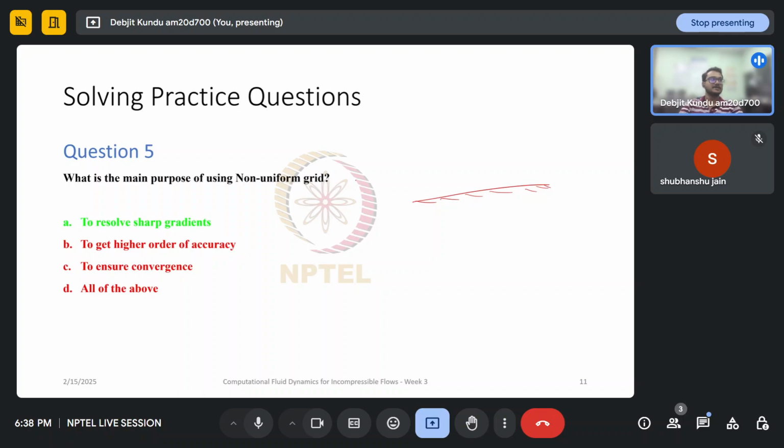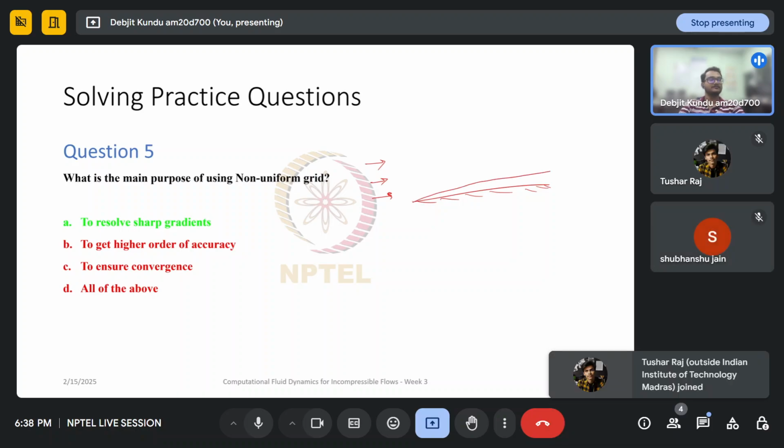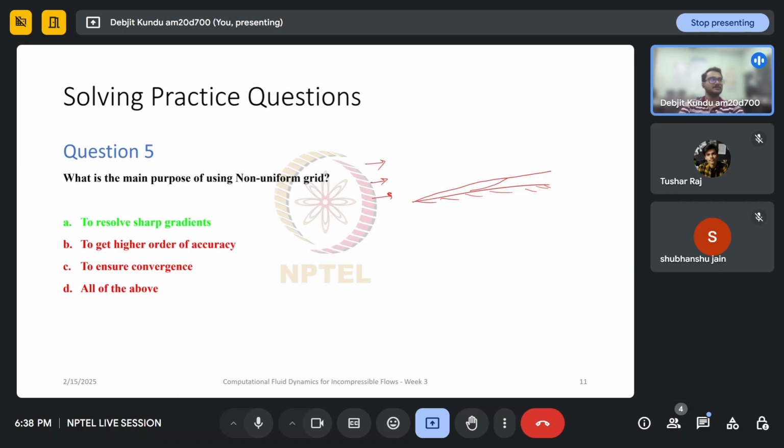What happens in a boundary layer is that we have a flat plate like this, and some flow comes and hits the wall and slows down, and near the wall, a very thin layer forms, which is a boundary layer. And within that boundary layer, there's a huge sharp gradient of velocity. It's zero at the wall, and within a very short distance, this could be low.